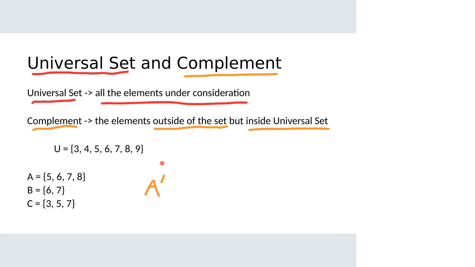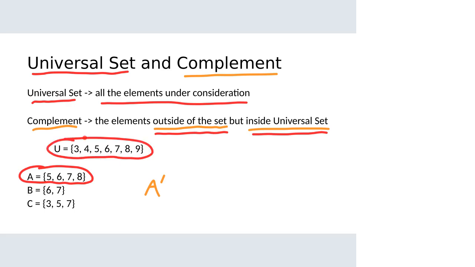And then just to sort of reinforce here the idea of the complement, A complement, that's everything that's outside of A, but inside the universal set. So I'm looking at A and it's 5, 6, 7, 8. I can see my universal set is 3, 4, 5, 6, 7, 8, 9. The complement of A is everything that is outside of the set, but inside the universal set.